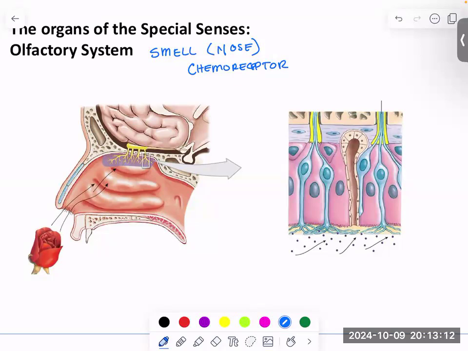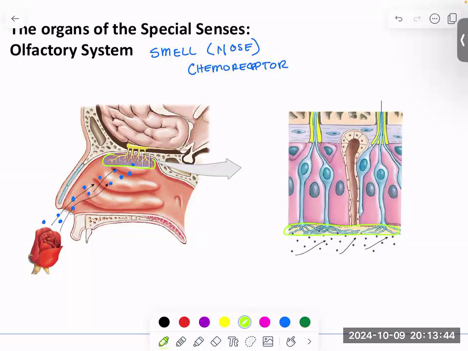Special organ here. So the products that you smell will release chemical particles. And those chemical particles flow into your nose and they get stuck in this mucus lining that is around your olfactory nerves. So there's this mucus coat that surrounds the free nerve endings there.